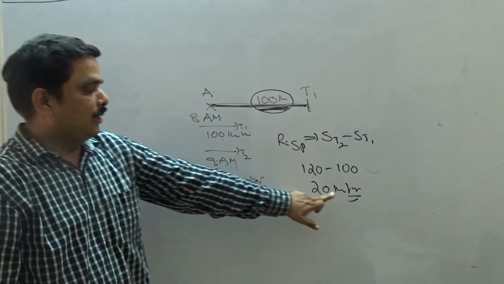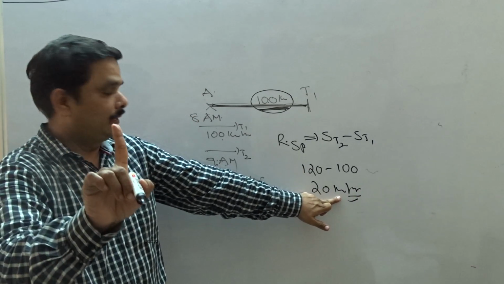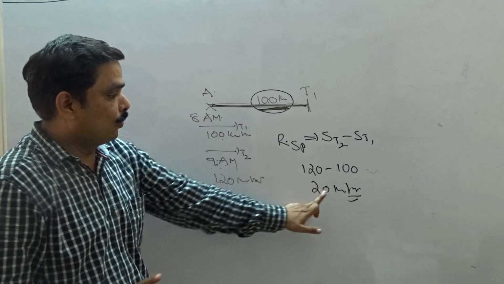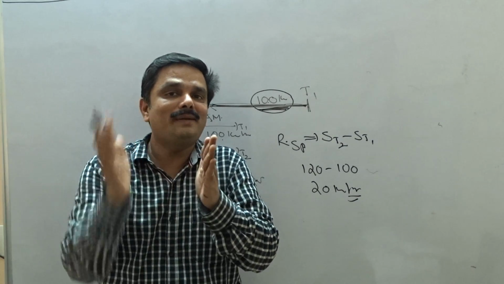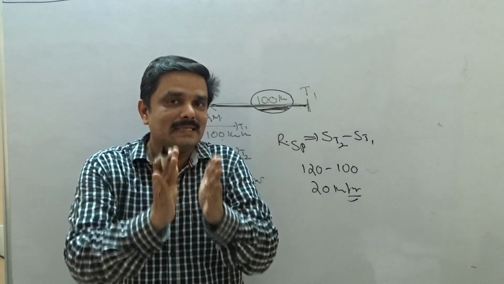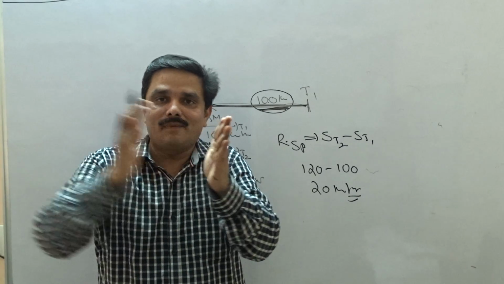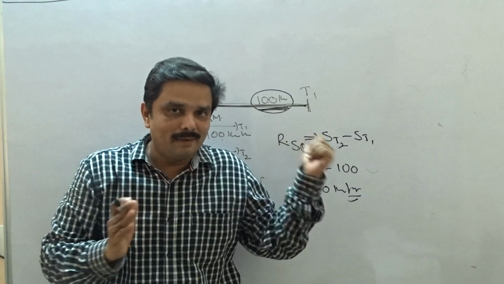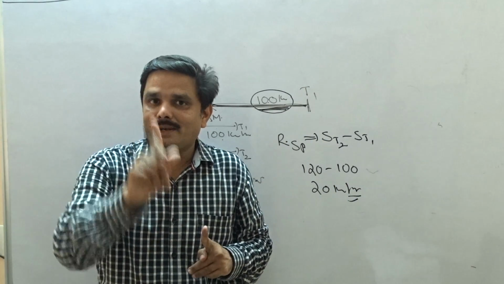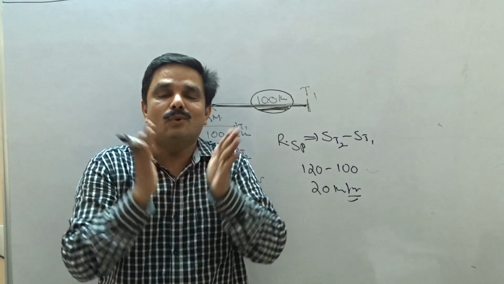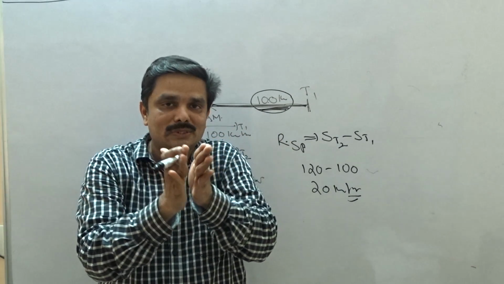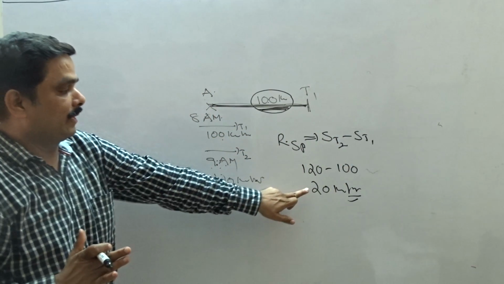What do we mean by 20 kilometers per hour? In 1 hour, train 2 is going to gain 20 kilometers over train 1, since train 1 has already covered 100 kilometers. The meaning is that in 1 hour, the distance between these two trains is going to be reduced by 20 kilometers.